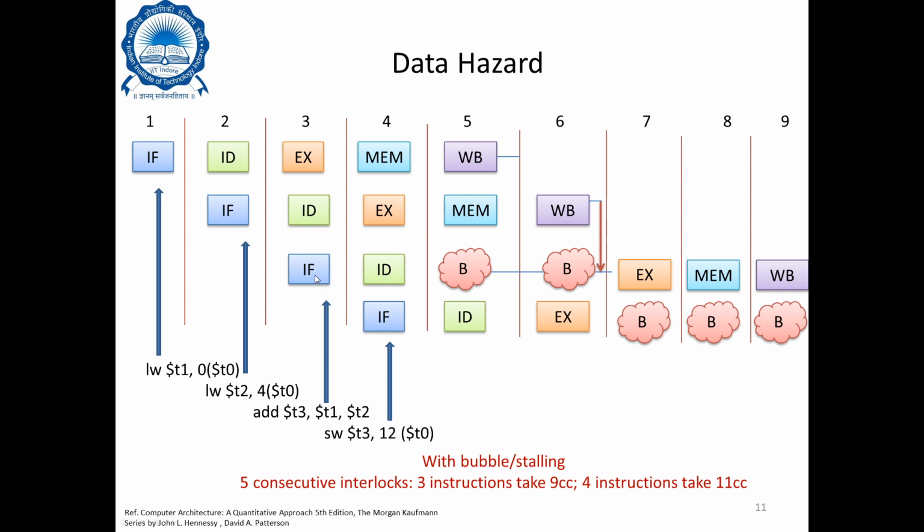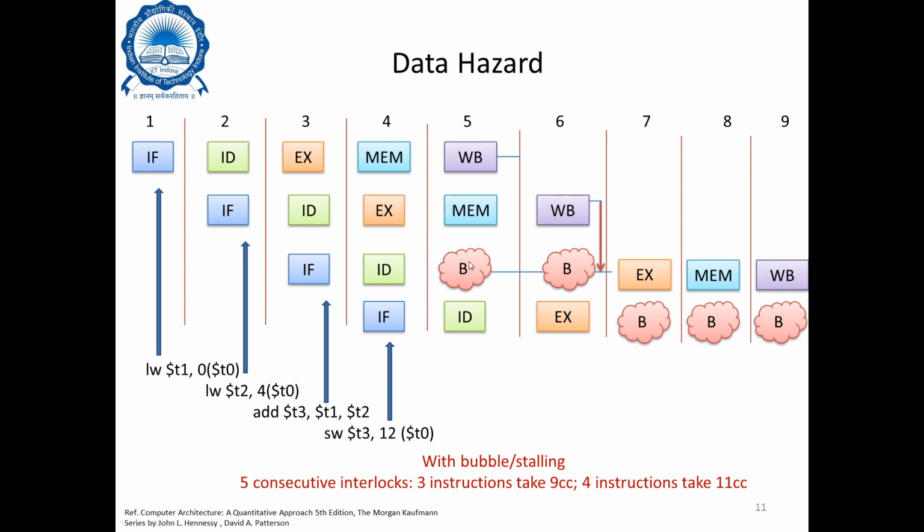The third instruction, add, will contain the addition value of T1 and T2 in T3. So we have IF, ID, and now we need to have an execute, but execution of the value of T1 and T2 can only be obtained after the write back is over, right? The write back of T1 is over here, and the write back of T2 is over in clock cycle number 6.